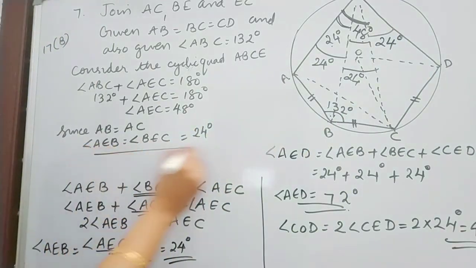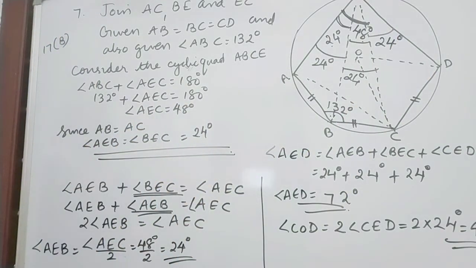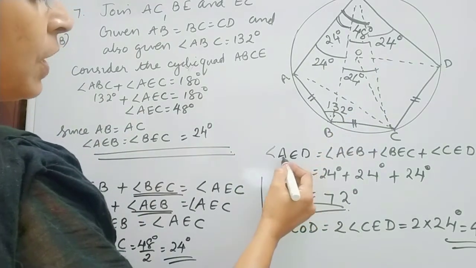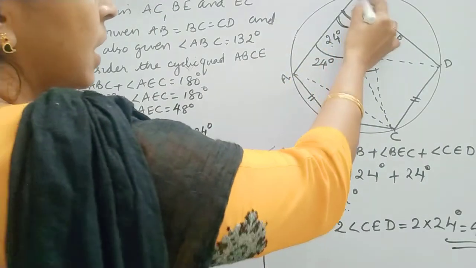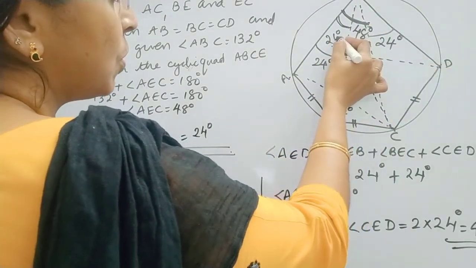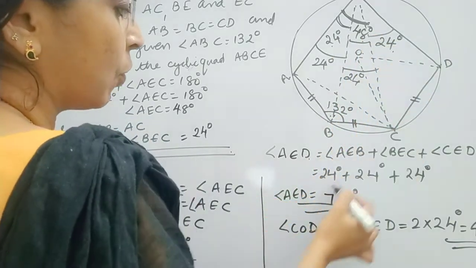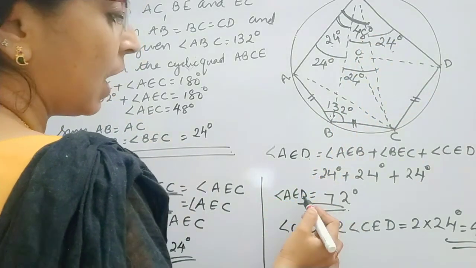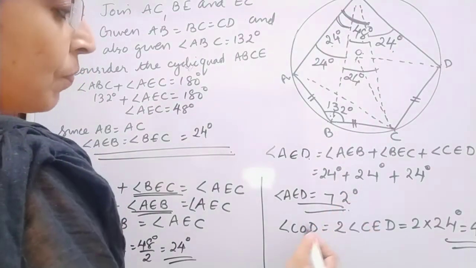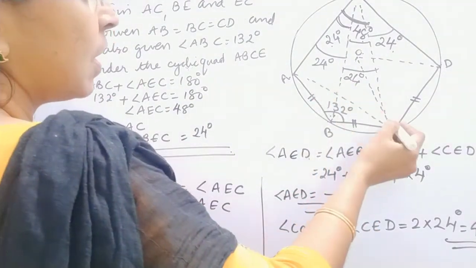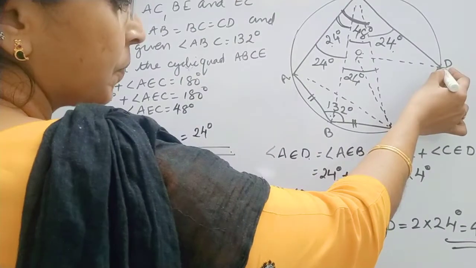Why? Because we have already discussed AEB is equal to angle BEC is equal to 24, also CED as 24 degree. So these three will be 24. We want to find out AED. So 24 plus 24 plus 24 is equal to 72 degree. AED is 72.